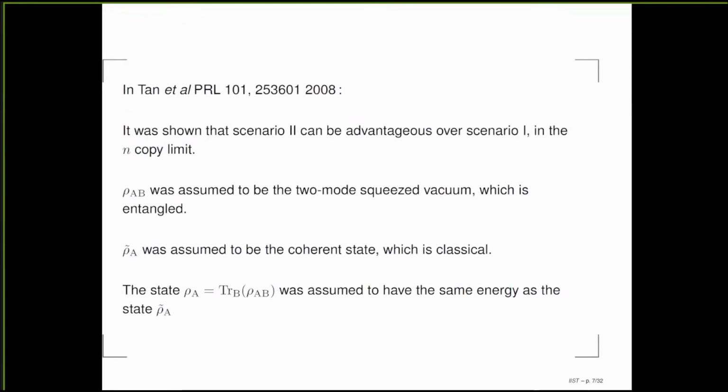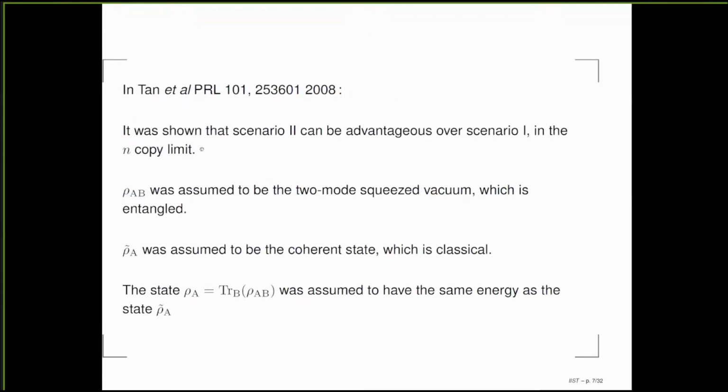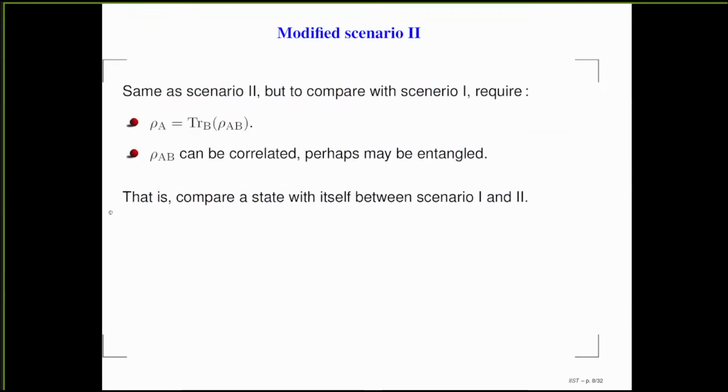So now, in what I'm going to talk about today, we consider this modified scenario 2. The only requirement change we have is that in the original work, they compared a coherent state with one mode of a two-mode squeezed vacuum and demanded that the energy of this coherent state was equal to the partial trace of that two-mode squeezed vacuum state. Instead of that, let us assume that rho A is nothing but trace B of rho AB, taking the original rho AB.